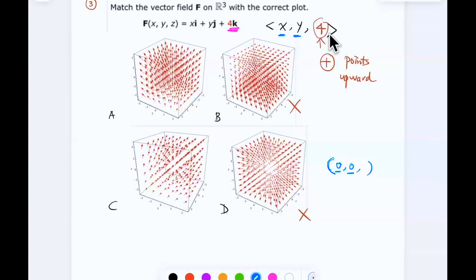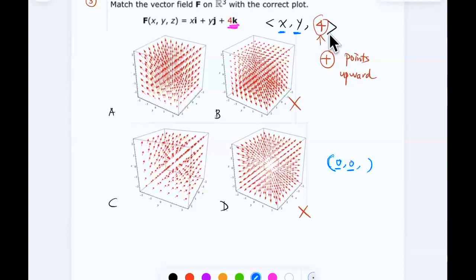So X and Y equal 0 means all those points, this point right here, along the z-axis, right? Along the z-axis, the vector is going to be 0, 0, 4. So it's going to point upward 4 units.